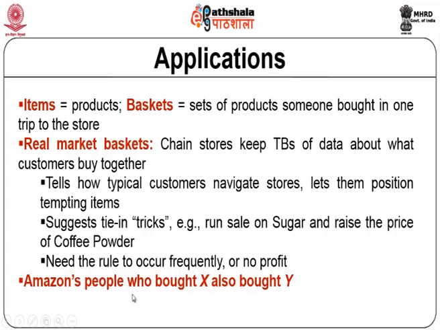So, Amazon can say, if some set of people have purchased item X and item Y together, and now one customer is viewing or browsing item X, then below item X they may provide a recommendation, like items that may be sold together or items that may be of interest to the user. Likewise, they can display item Y. This is nothing but identifying the association between X and Y by looking into the transactional environment, identifying how many such pairs of items have occurred together, and accordingly providing recommendations.